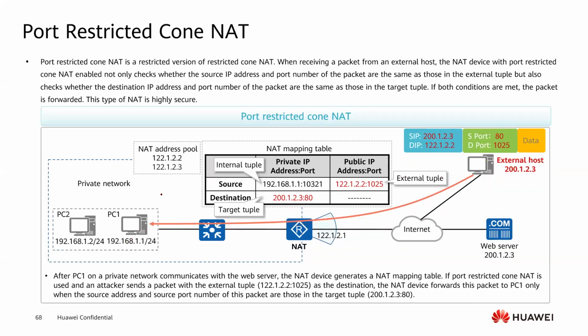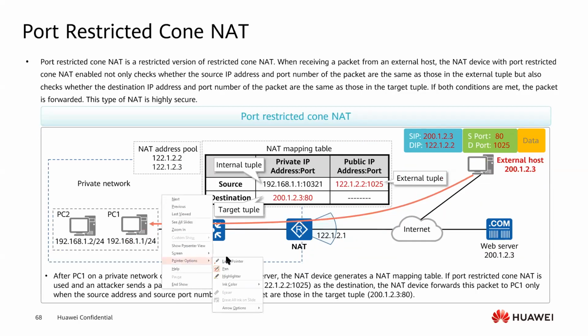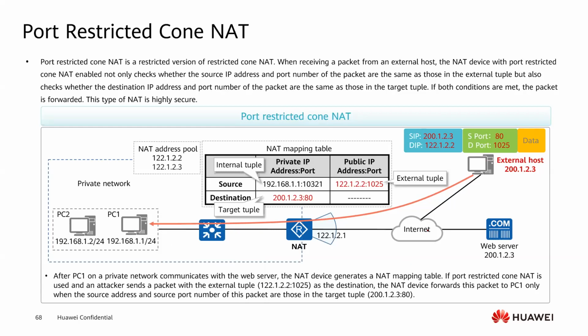Another is port restricted cone. Port restricted cone works like this. First, I still send a packet out, and I create the internal tuple, external tuple, and target tuple.